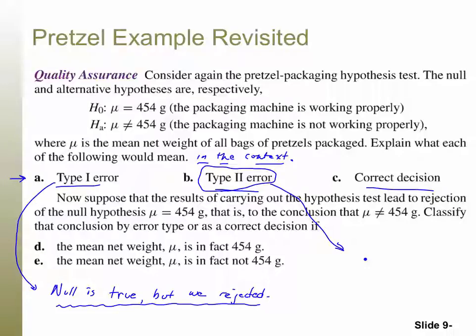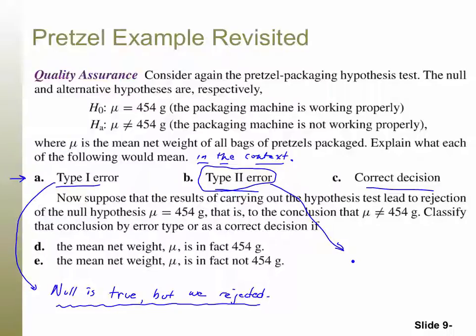We think it's giving us the right amount, but it's actually not. Is that a type 2 error? So the machine is actually not doing its job, but we concluded that the machine is okay. Is that right? Yeah, she got it.